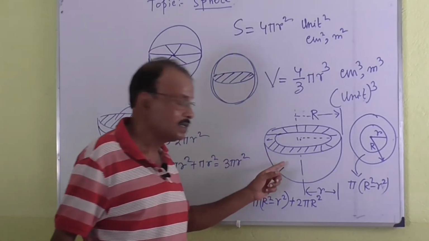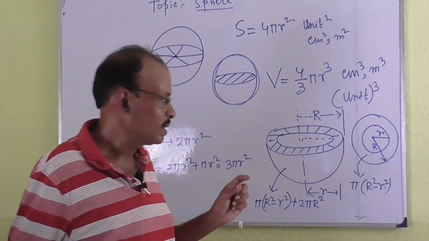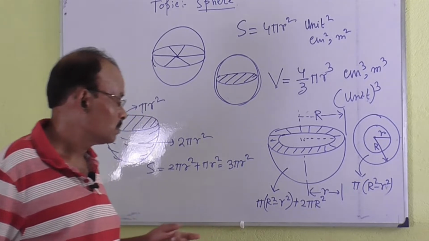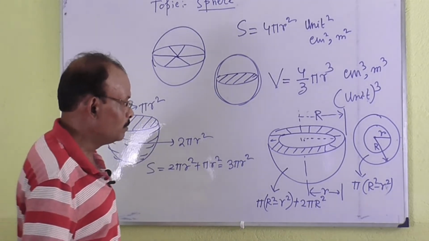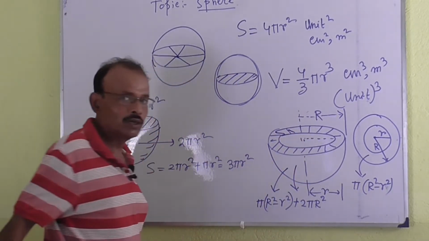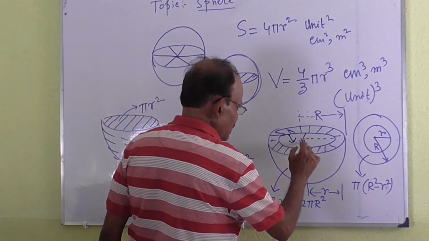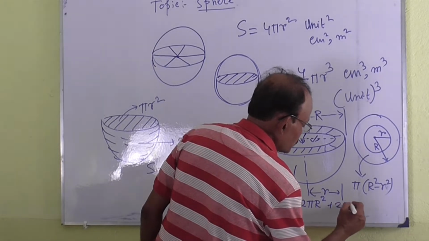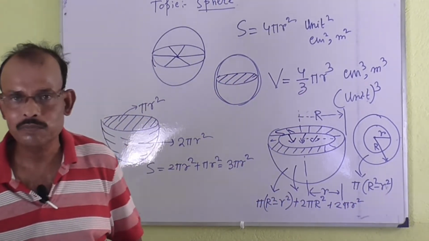If the sum asks for it, you have to find out the total area. So, the total area will be this outer area and also the inner area. Clear? So, the inner area will be 2 pi r square. With the help of the formula, we have to find various types of problems. Understand?